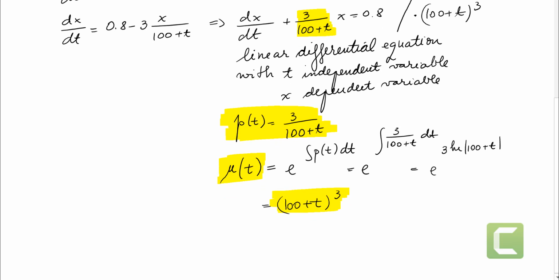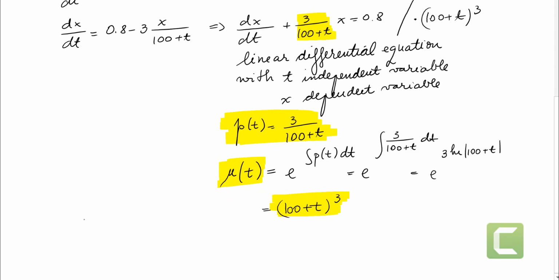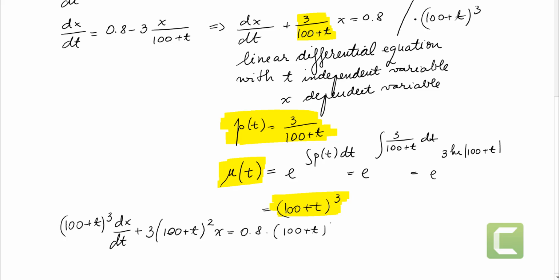So what do we obtain? We get 100 plus t to the third dx dt plus 3 times 100 plus t to the second times x equals 0.8 times 100 plus t to the third.